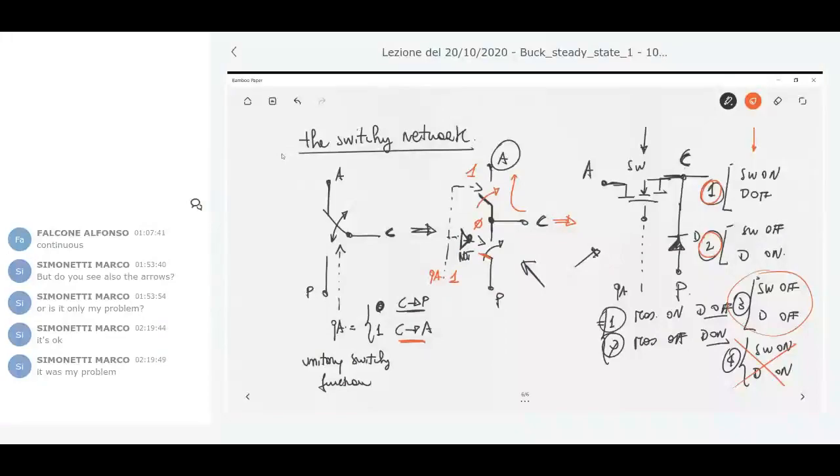In switch mode converters, these two different states of conduction are operated in a periodic fashion. You have a period, and in this period you have a part in which you have situation 1, and a part in which you have situation 2.